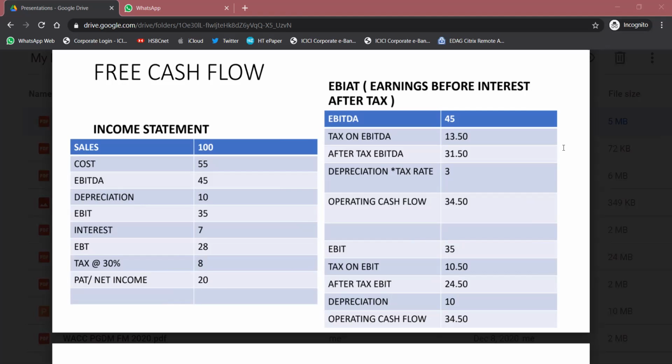The concept over here is, even if I have a lot of debt, as sir explained, Apple is one of the companies that has the second highest debt in the market. But they get an interest tax shield. So if say they had 7 rupees of debt, let's say they are getting a tax shield of 30%. So they're getting a tax shield of 2.1.